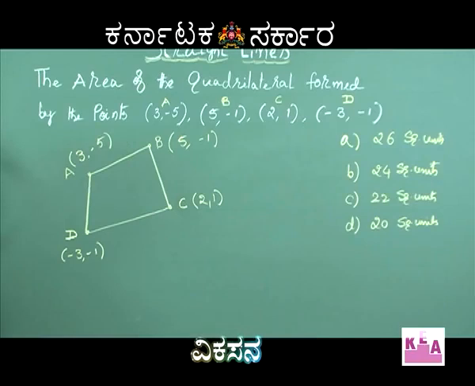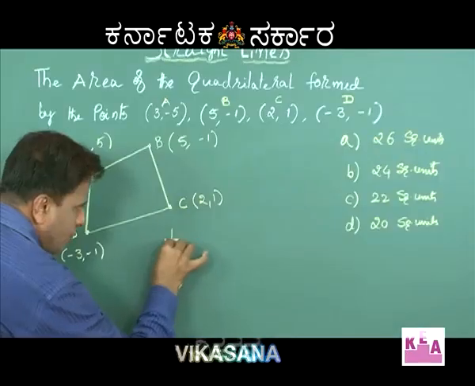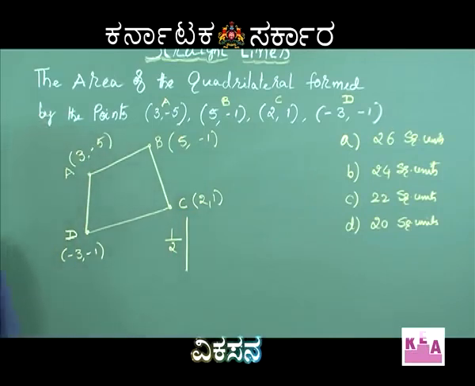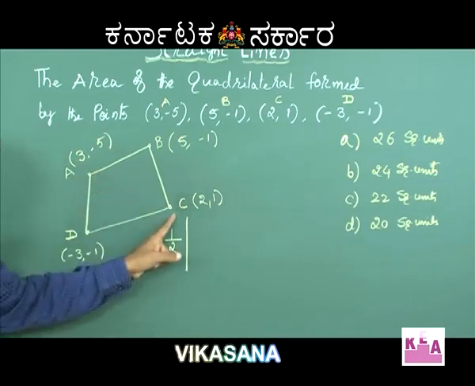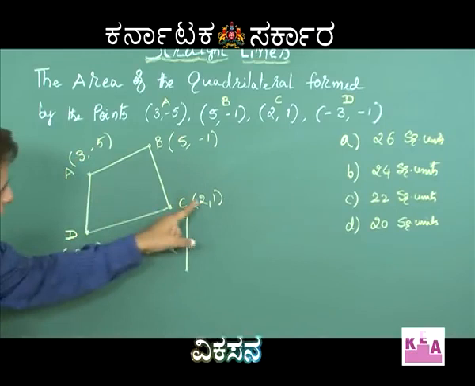To find the area, I am going to apply a direct technique, please concentrate on this. The area is half of the determinant of the following. Take the first corner vertices, the x coordinates, and take the difference, 3 minus 2.